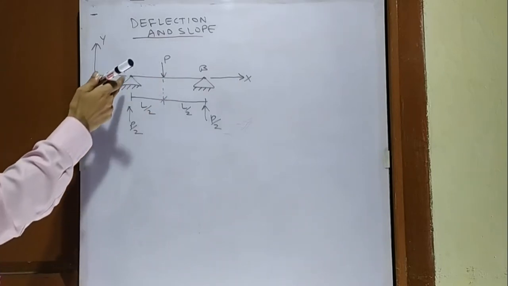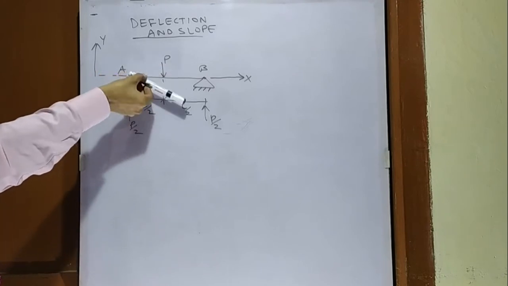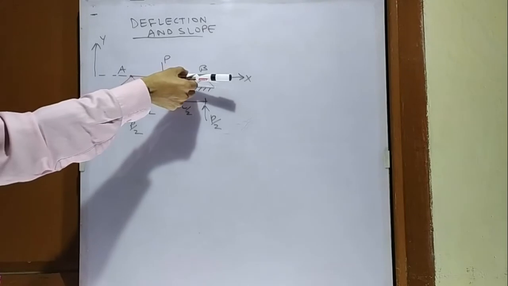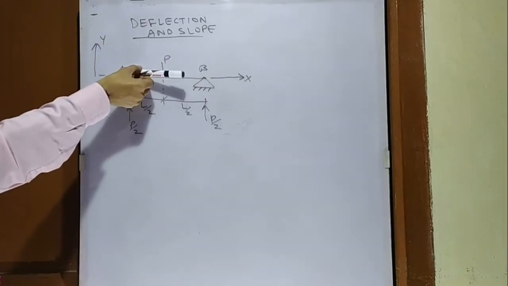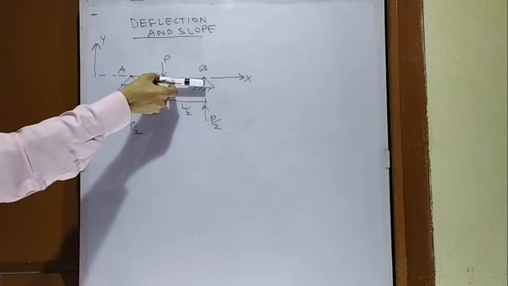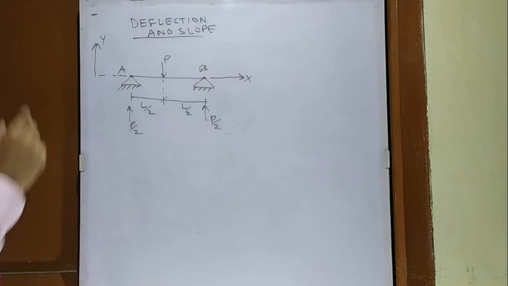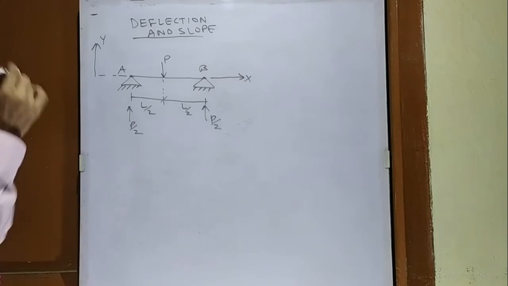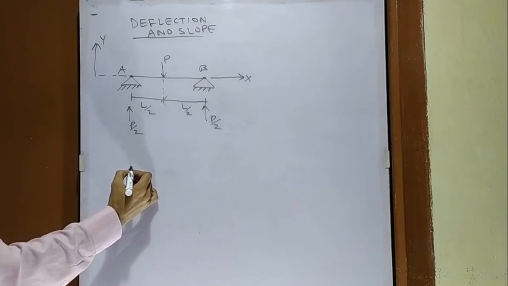If we see at the joint A, the beam can rotate like this but it cannot translate in the x direction, and it can also not translate in the y direction. It can only rotate in this manner, and also at B the beam can rotate in this manner. So if we draw the deflected shape of this beam, it will be like this.